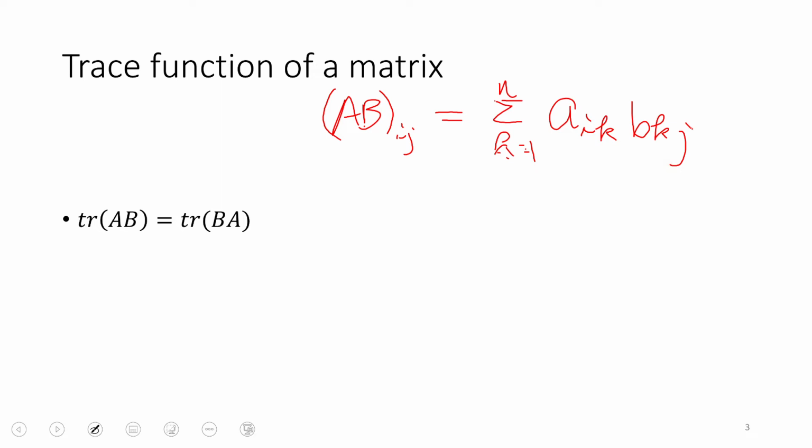That's the element at the ith row and jth column of A times B.